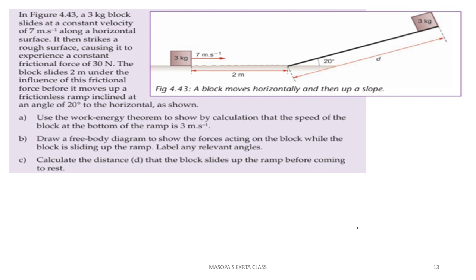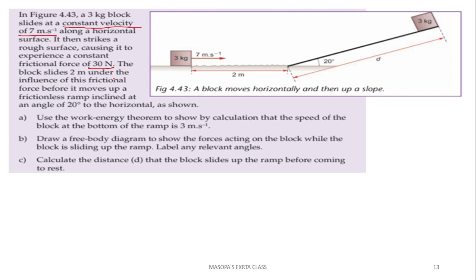Now let's look at the last question. You know where I took the question from. Alright, let's continue doing this question now. This is the last of the last questions. In figure 4.3, we have a 3 kg block that slides at a constant velocity of 7 meters per second along a horizontal surface. It then strikes a rough surface that causes it to experience a frictional force of 30 newtons.